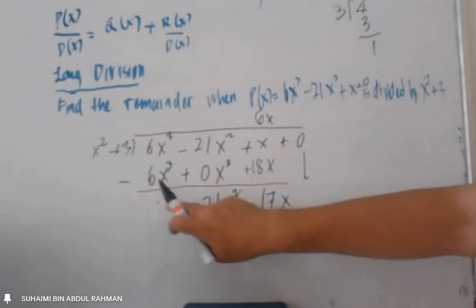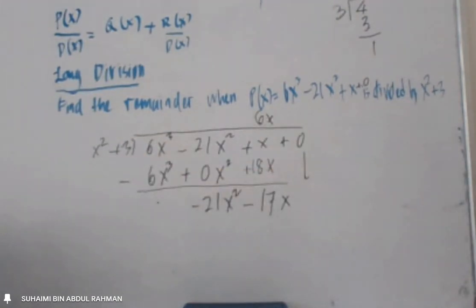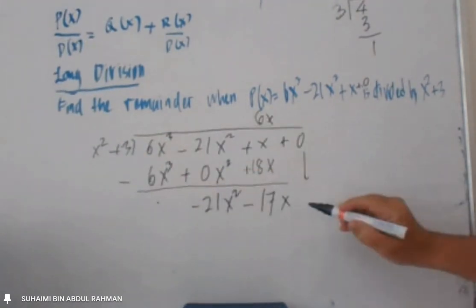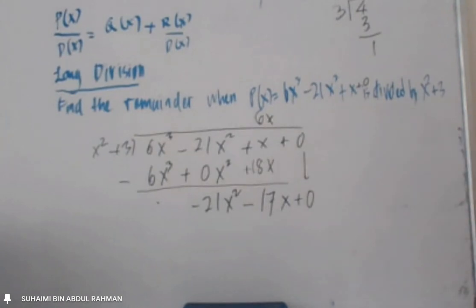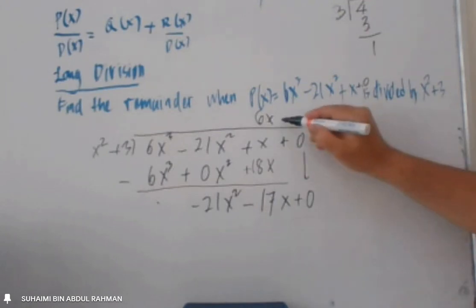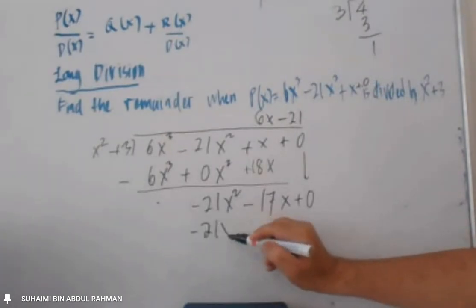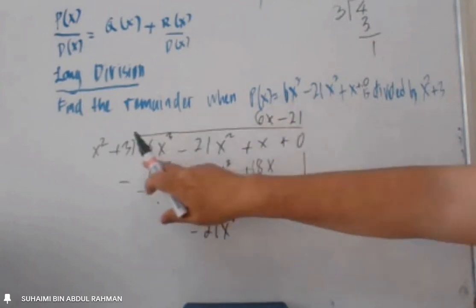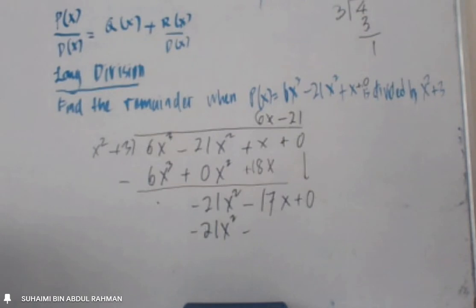The most left divided by the most left: minus 21x squared divided by x squared. What do we get? Minus 21. So minus 21 multiplied by x squared is minus 21x squared. Minus 21 multiplied by 3, we get minus what?